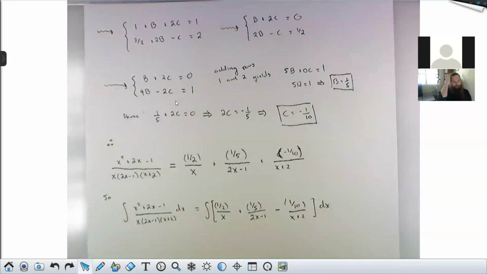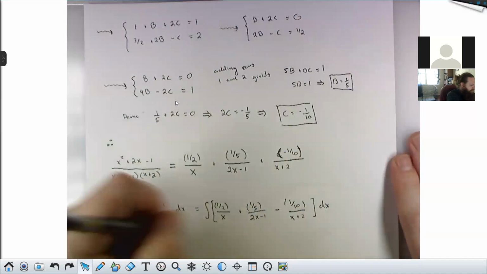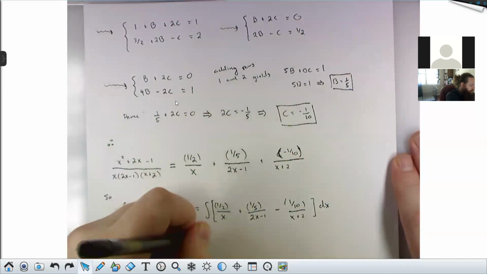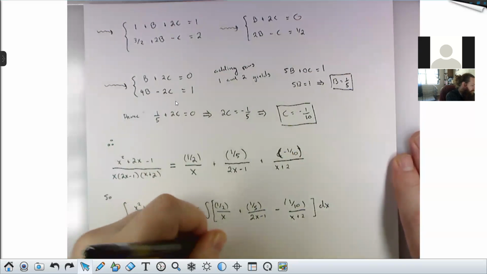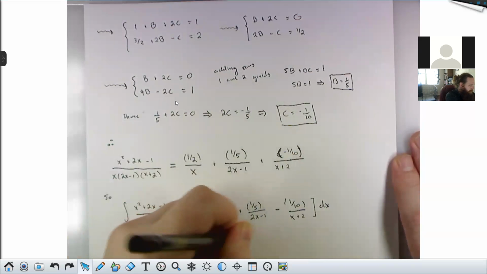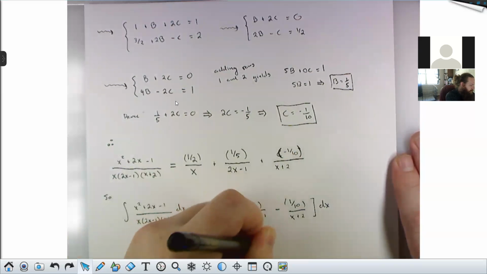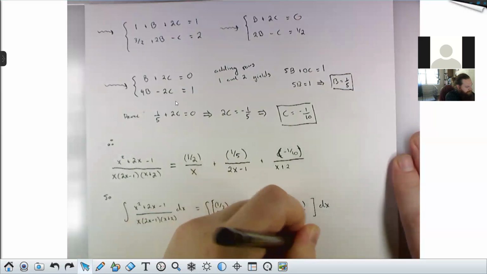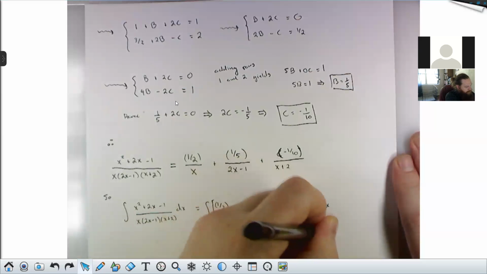Now we split up, pop out the constants from each, and see how to handle each of the resulting integrals. So this is equal to 1/2 integral 1 over x dx plus 1/5 integral 1 over 2x minus 1 dx minus 1/10 integral 1 over x plus 2 dx.